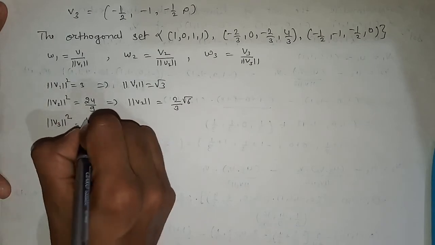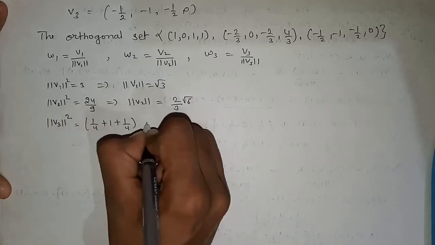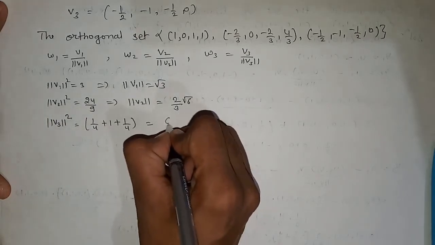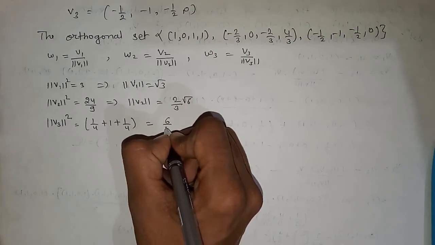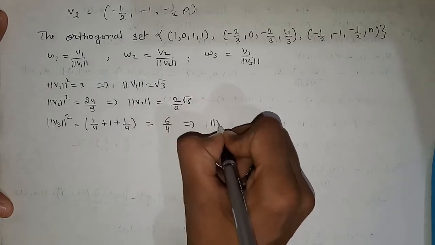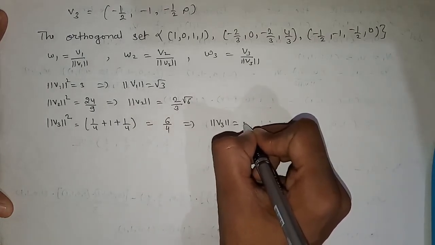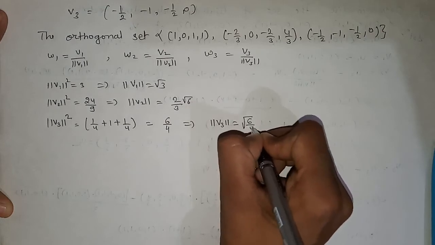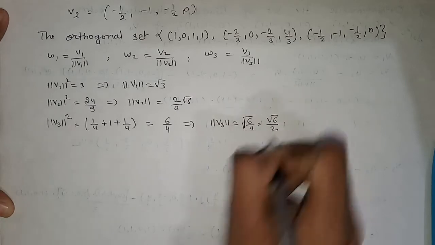So this is equal to 1 by 4 plus 1 plus 1 by 4. So this is equal to 6 upon 4. So this implies norm of V3 is equal to under root 6 by 4. So this can be written as under root 6 upon 2.